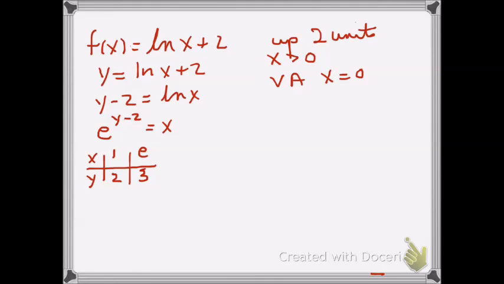So here's our graph. Go over 1 and up 2, and over to approximately 2.7 and up to 3.